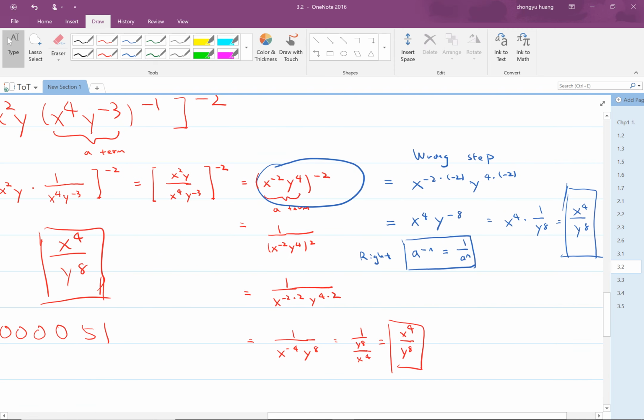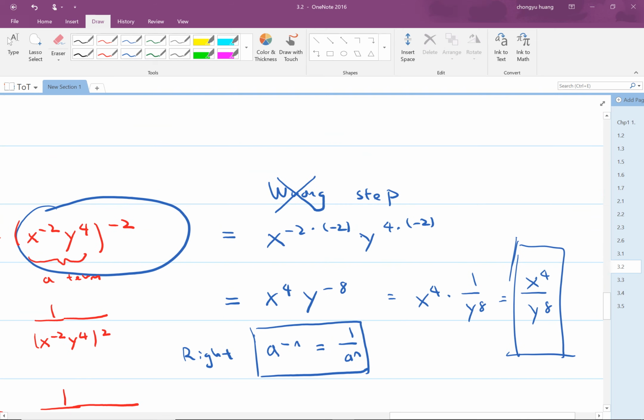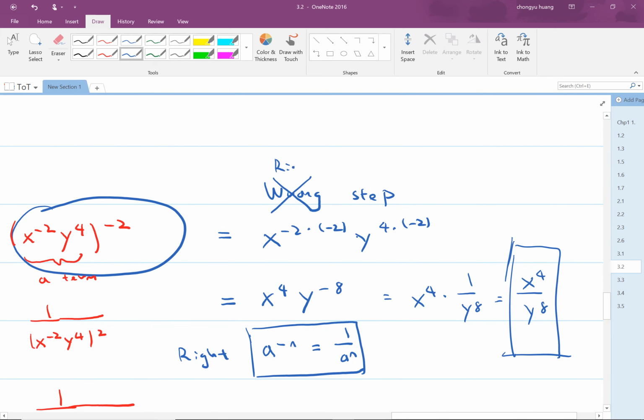We can see that both answers are the same thing, right? So we cannot say it is the wrong step. It is the right step.